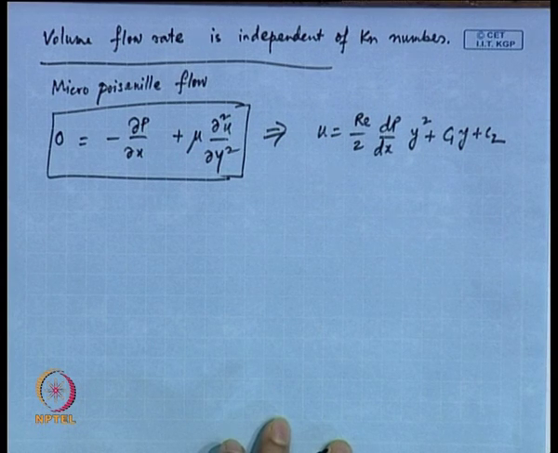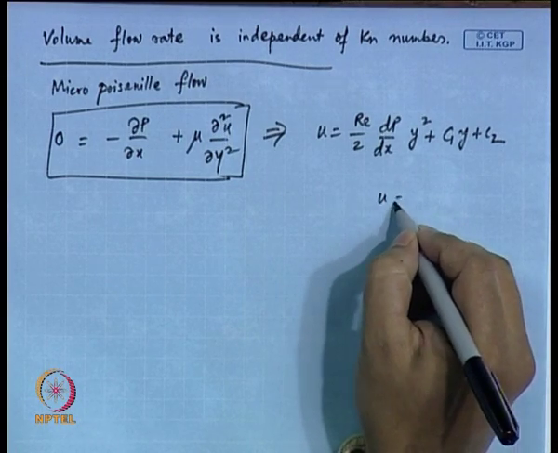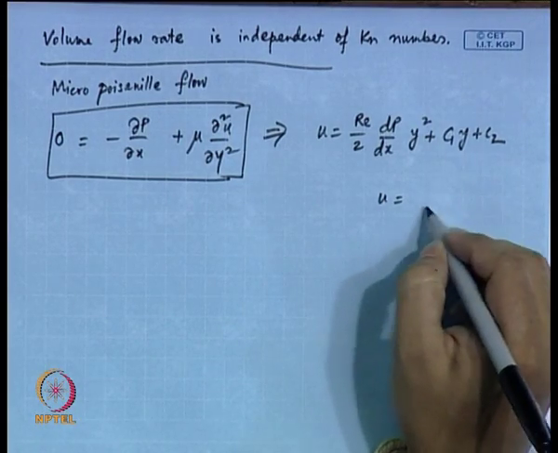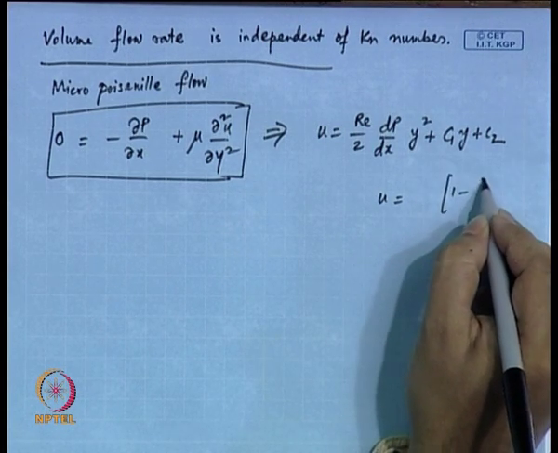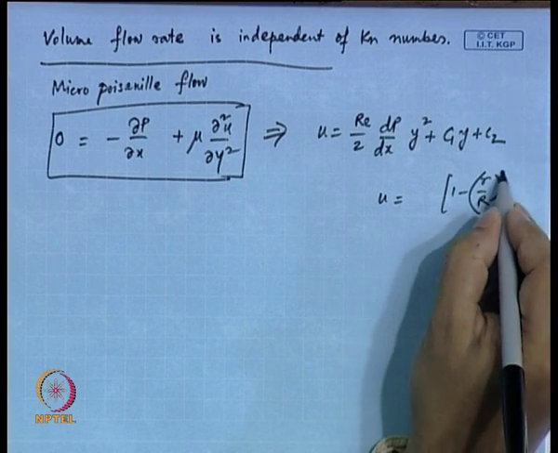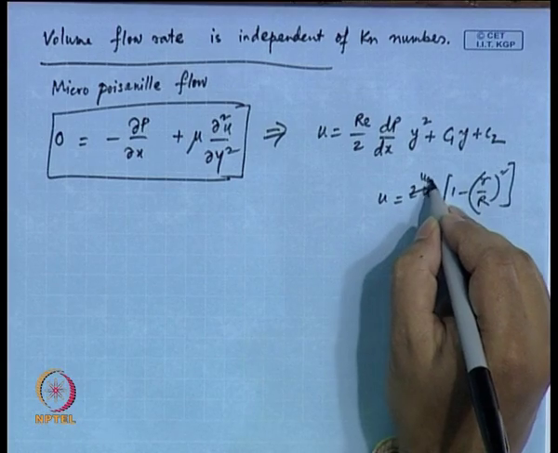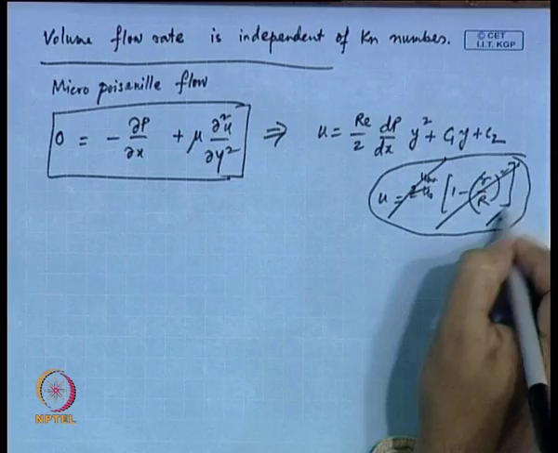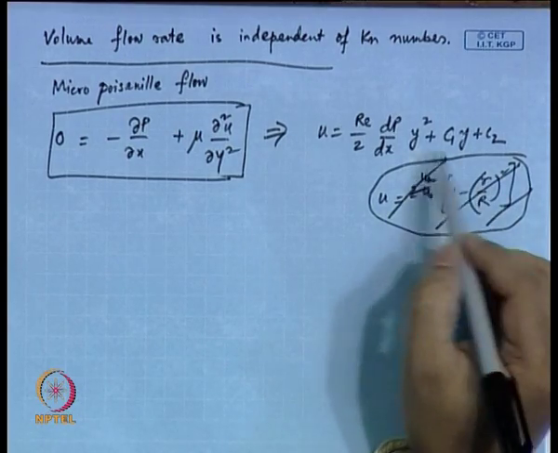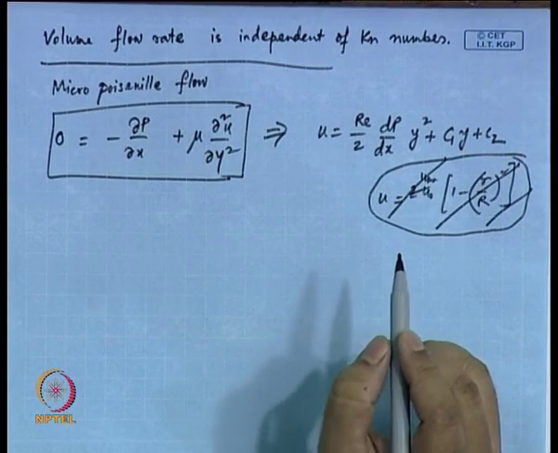You remember the velocity we have been working with, the parabolic velocity profile. There we have a similar quantity, something into 1 minus r by R whole square. That something we call 2 u 0, sometimes u max. So this is the type of form we have. If we want to write it in a generalized manner, instead of r, if we write it in y, we end up with an expression something like this.